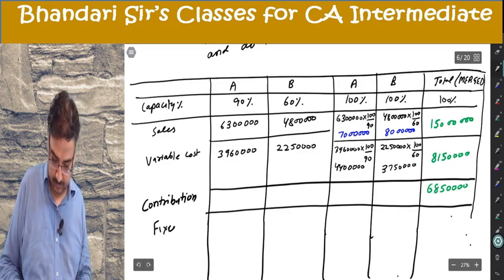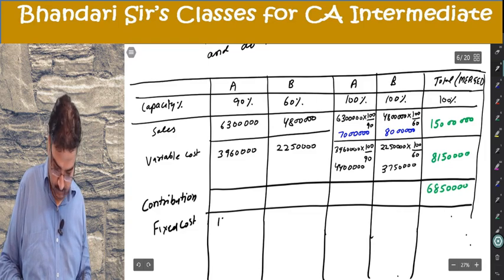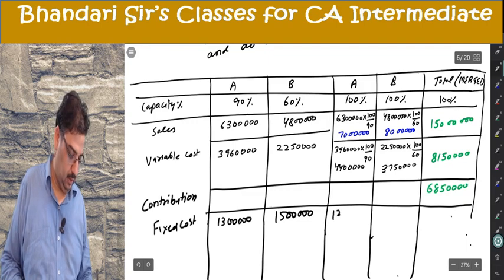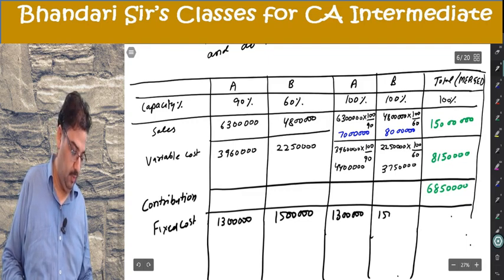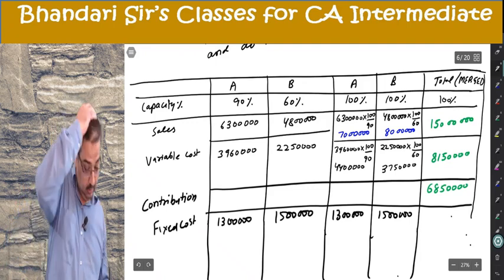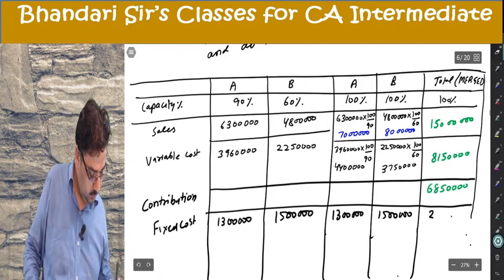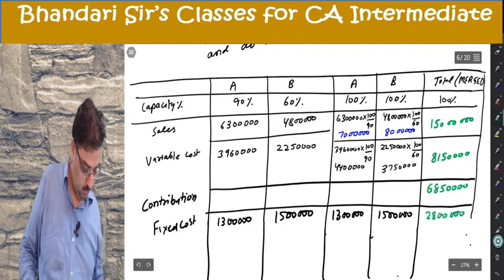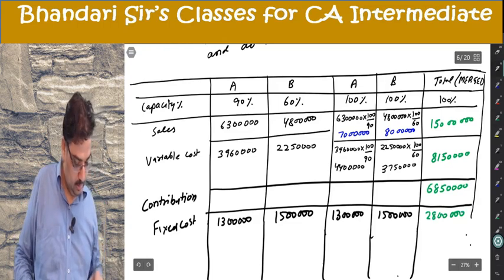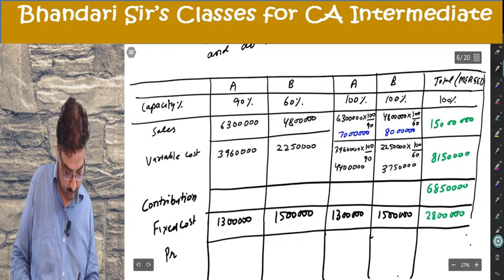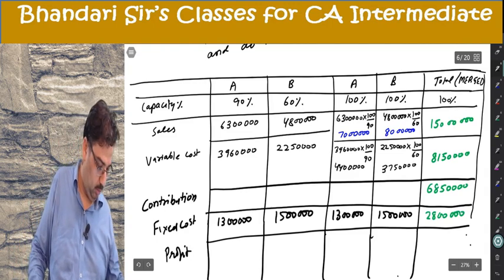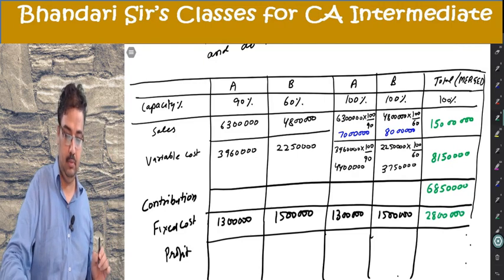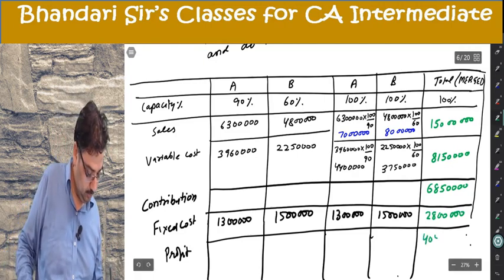Fixed cost 13 lakh, 15 lakh, no change here, 13 lakh, 15 lakh, this is 28 lakh. No change in fixed cost remains constant. What I am getting there is profit. I need for total column only. 6850 minus 28 lakh. 40 lakh 50,000.